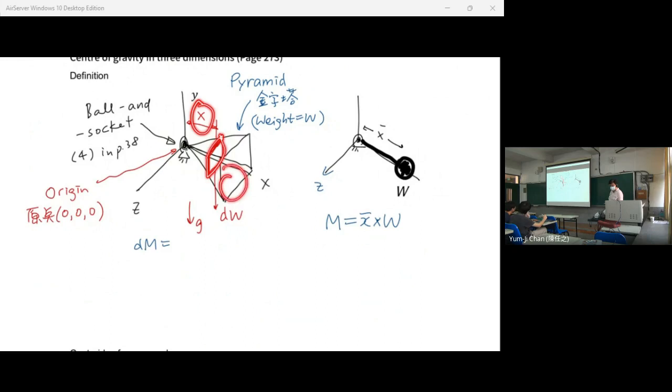So this is X bar cross dw. So the moment of the whole block is the integration of X bar times dw. But this is the idea of this X bar.